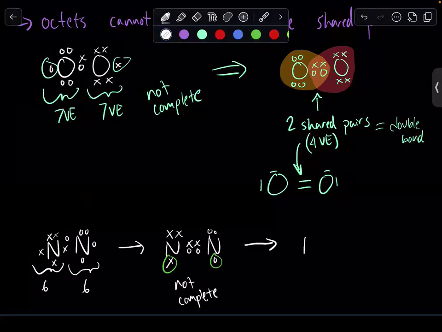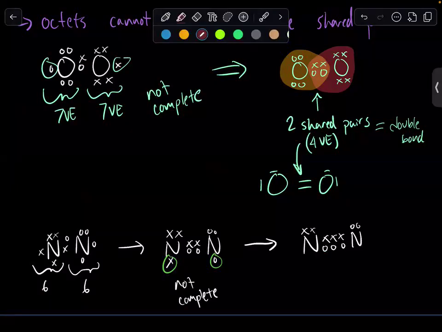So we actually move all the way over to 1, 2, 3, 4, 5, and 1, 2, 3, 4, 5. And now we can see that we have 3 shared pairs.